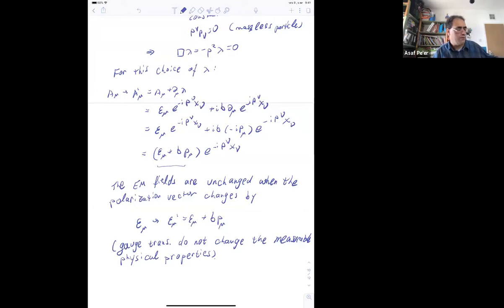Okay, so we can add to the polarization vector any multiple of the four-momentum of the photon, and they would still correspond to the same physical photon.